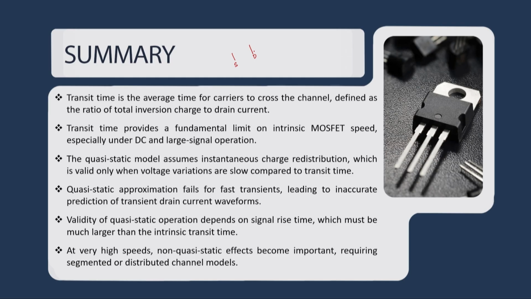We have seen that in some cases the quasi-static model does not hold good because we have considered a very simple approximation, one of which was the fictitious charges Qd plus Qs equals Qi, and hence we considered that d/dt of Qd plus d/dt of Qs equals dQi/dt.